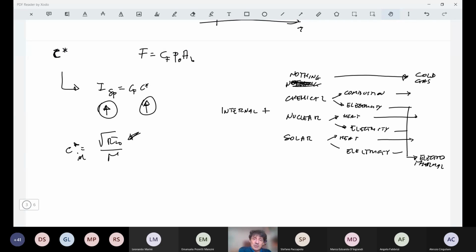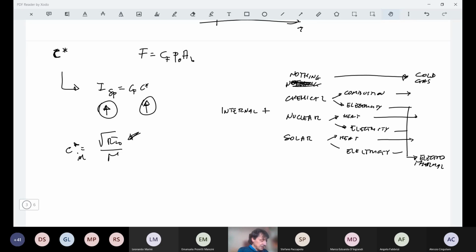Whereas chemical rockets and, let's say, nuclear thermal rockets with inside energy allow you to have less external mass that is required to heat your propellant, and so they are able to generate very high thrust to weight ratio.